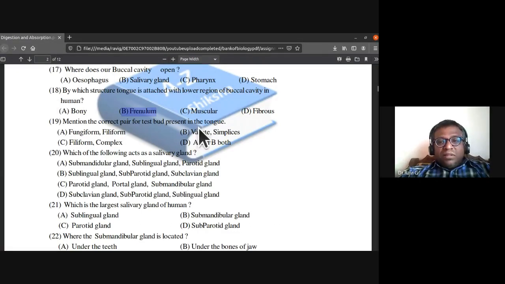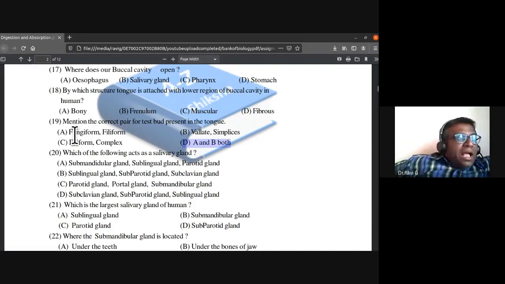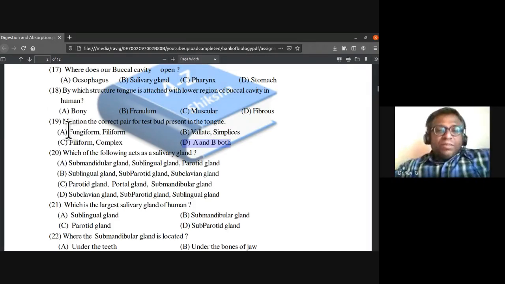So it is A and B both. The taste buds present in the tongue are fungiform, filiform, vallate, and simplices. So there are four types of it. All of them are here. So this you should remember. This is a question which might be asked outside of the syllabus. So just remember about it.